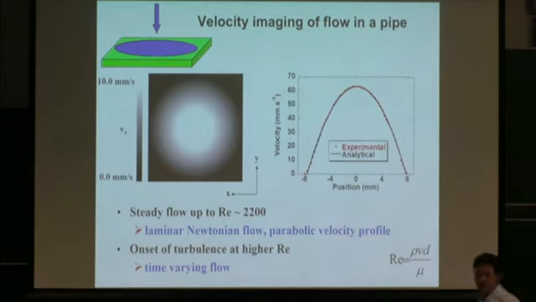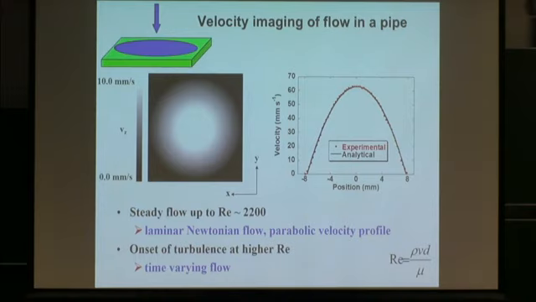I'm doing here velocity imaging of flow in a pipe at low Reynolds number, low velocities, viscous dominated flow. So we're looking at just a pipe flow here, flow going through it. This is a cross section there. We're taking an image in the XY plane. And in this image, instead of the intensity showing how much liquid is at a particular position, the intensity here is directly proportional to the local velocity of the liquid.